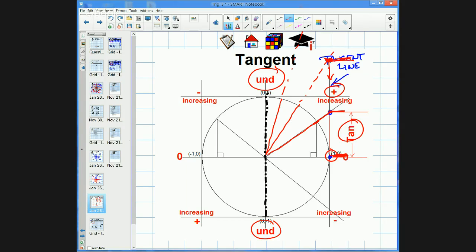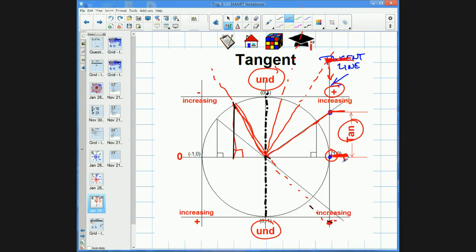So a little different thing happens in the second quadrant. We take an angle, sorry, hard to draw straight. We'll have an angle that'll look something like that. And of course, going out this way, it's never going to hit the tangent line over here on the right. So what we have to do is back it up. And it'll hit down here.